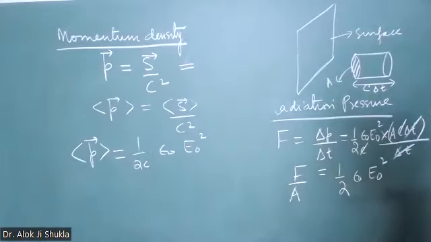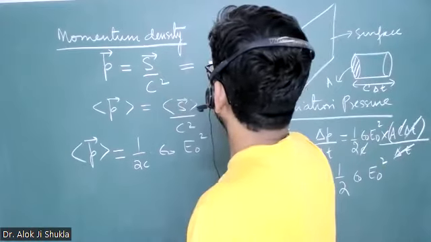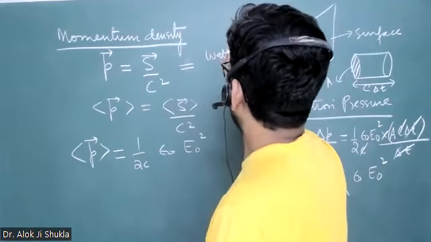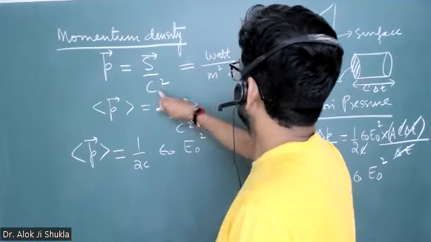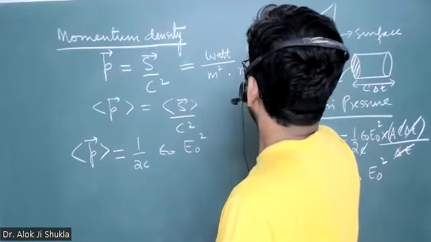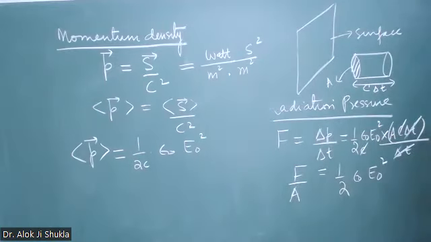हाँ हाँ ठीक है, ओके। सो व्हाट इज S इज इक्वल टू, इट इज वॉट पर मीटर स्क्वायर, एंड व्हाट इज दिस, मीटर स्क्वायर सेकेंड स्क्वायर। अभी सही है? Yes, sir.